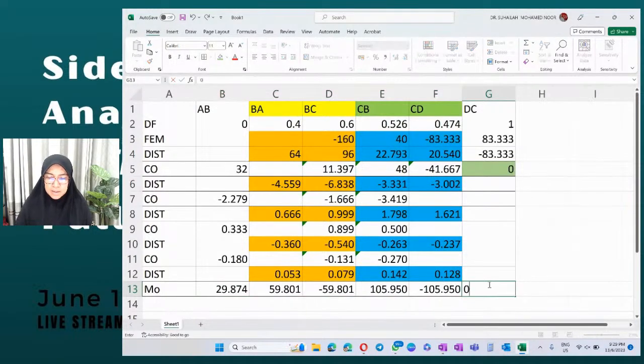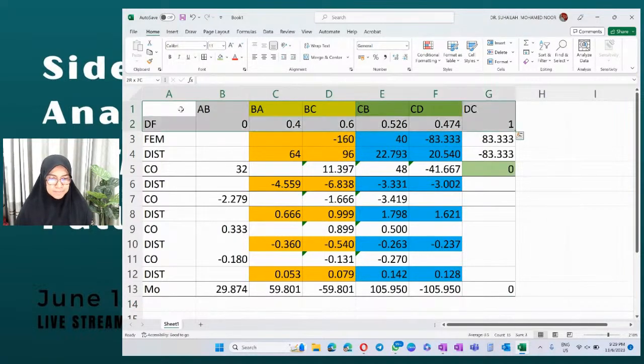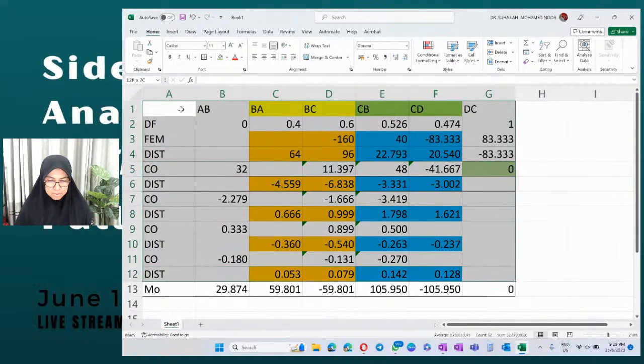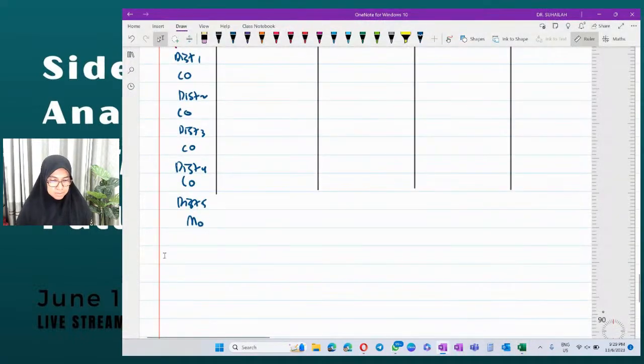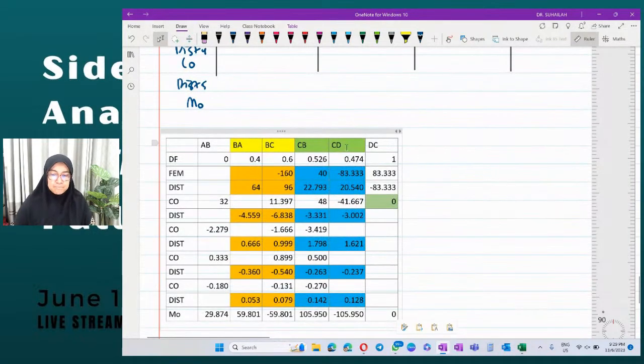This is 0 and 0. So I copy this and put it back in OneNote.